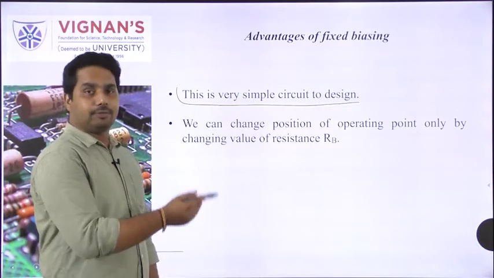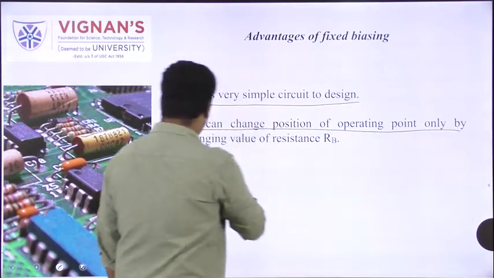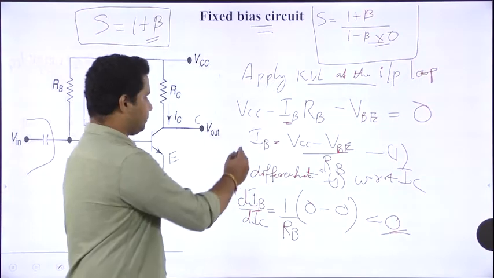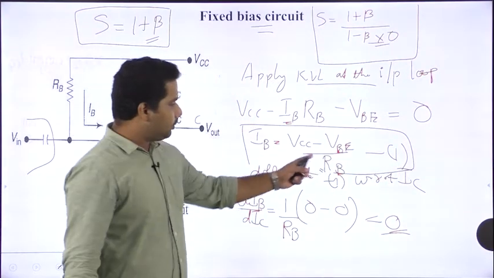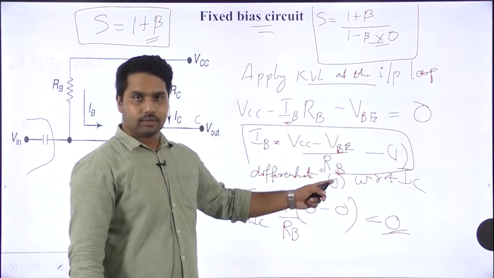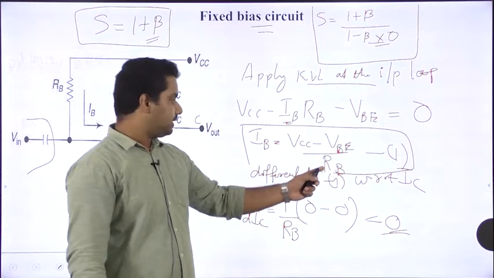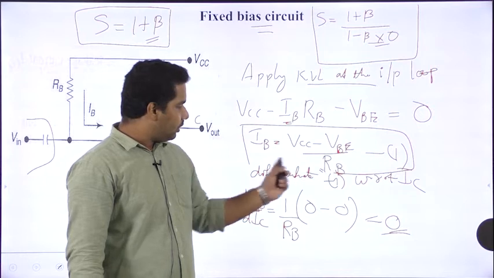Another advantage is we can change the position of the operating point only by changing the value of resistance RB. See this equation: IB current is equal to VCC minus VBE by RB. VCC is a constant, and VBE will be 0.7 for a silicon device. So by varying RB, we can vary IB.